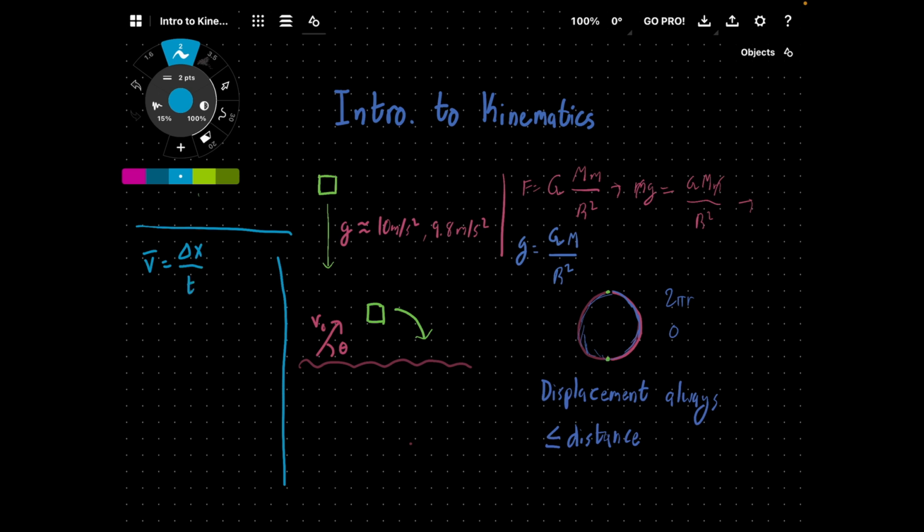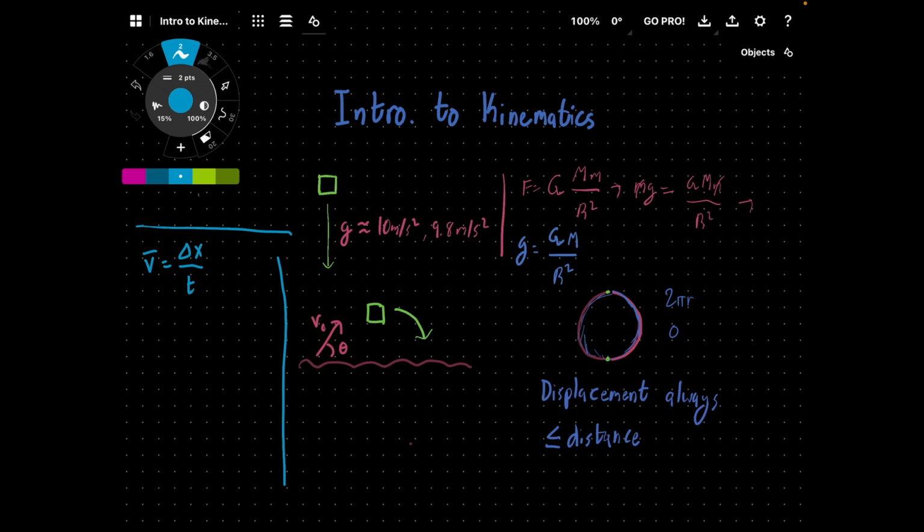Keep in mind that velocity also has a direction, just like displacement. In other words, they are vector quantities. In my next two videos, most likely I will be reviewing trigonometry and vectors, so don't worry if you don't completely understand it.